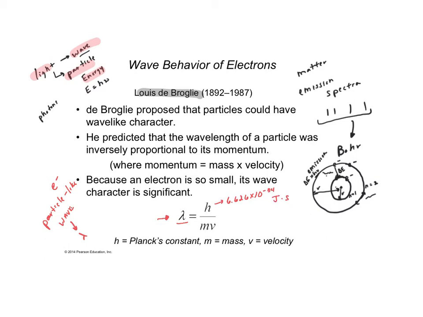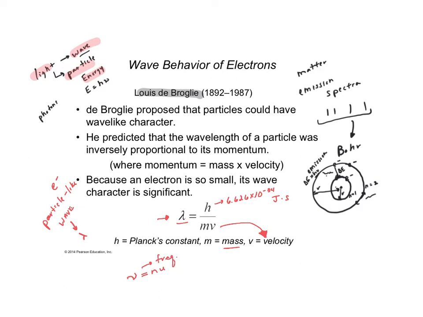So it's Planck's constant divided by m, the mass of whatever thing we're looking at, and then v here is velocity. This isn't nu. This is v for velocity. Again, nu is frequency, just to remind you. They look very similar.